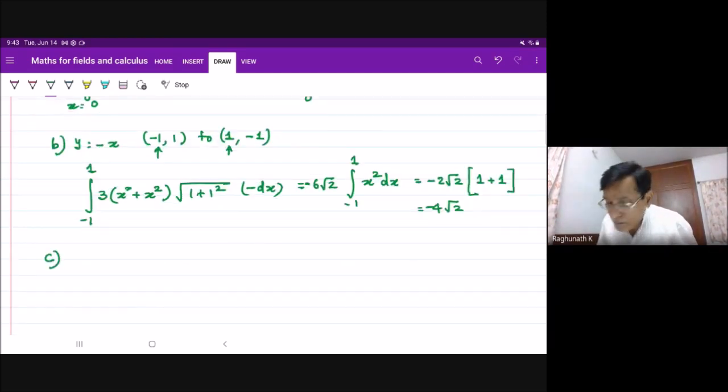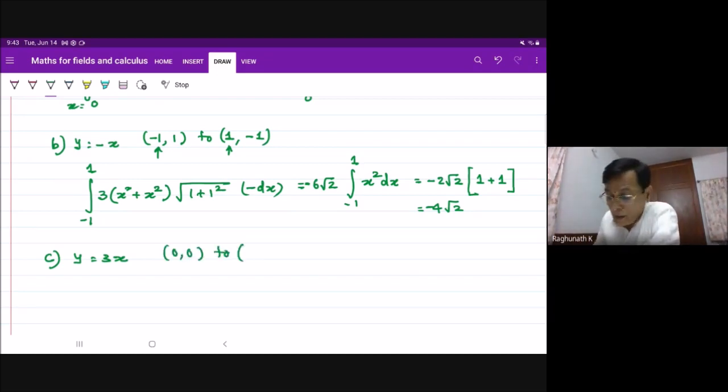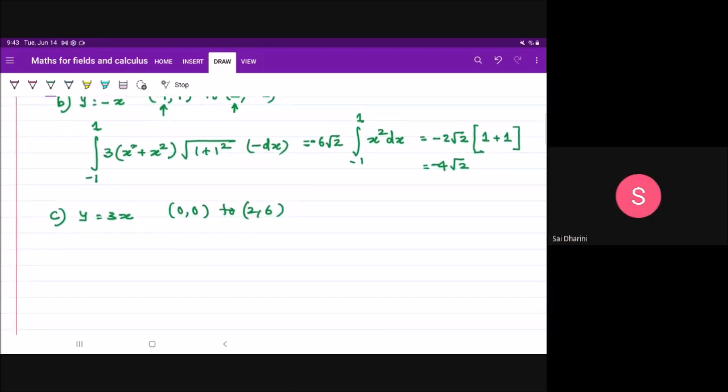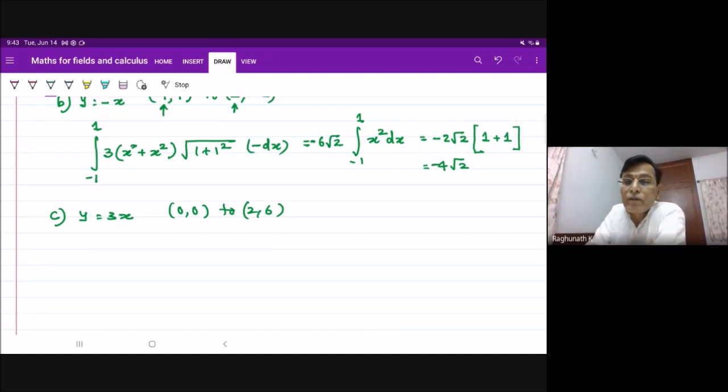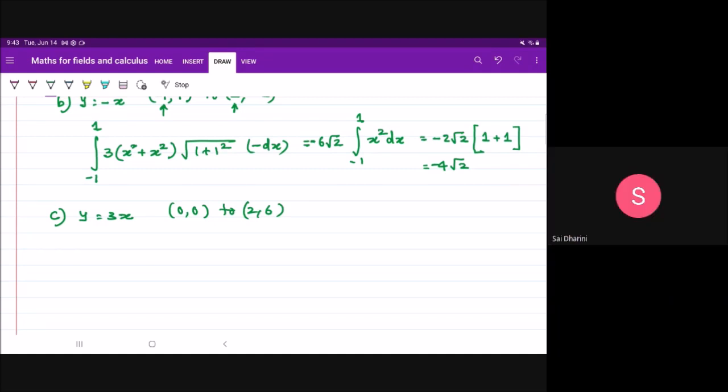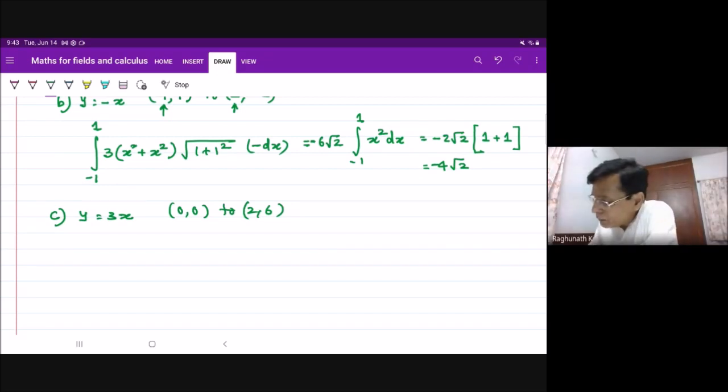See, y is equal to 3x. For your practice only. These are all simple problems only, right? 0, 0 to 2, 6. So y equal to 3x, so dy by dx is, the root of 1 plus dy by dx squared. Oh, wait, why did I put minus dx?